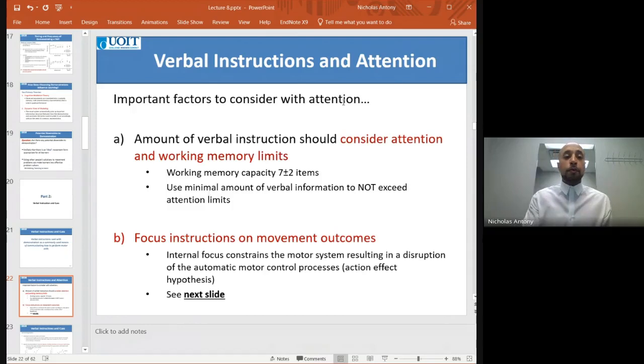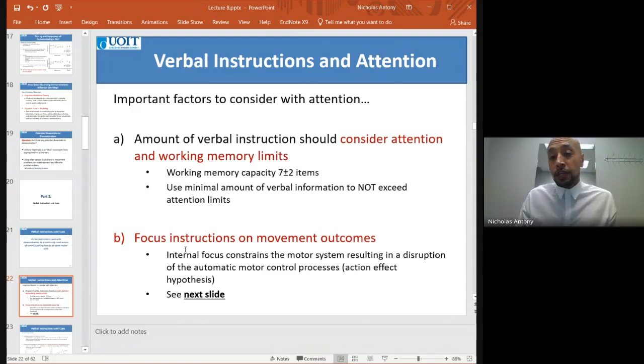And then the second point about when providing people verbal instructions, what do we learn in research? Is it better to have beginners concentrate on their movements, so focus internally, or focus externally on the goals of the motor skill that they're learning? Right.